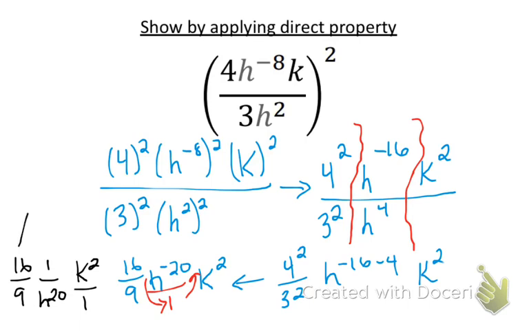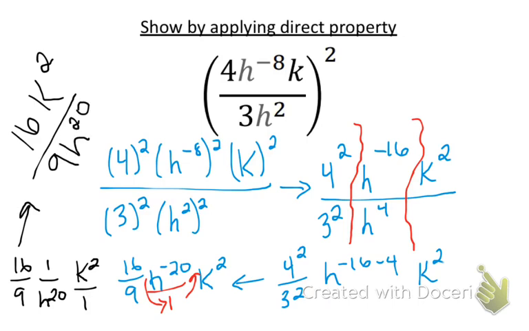So the final answer, to make this look a little nicer, will be 16 goes in the numerator, k squared goes in the numerator, 9 goes in the denominator, h to the 20 also goes in the denominator. Those extra ones that you see, numerator and denominator, we don't need them. We don't have to write them. So now this would be our final answer. Tough problem, I know.